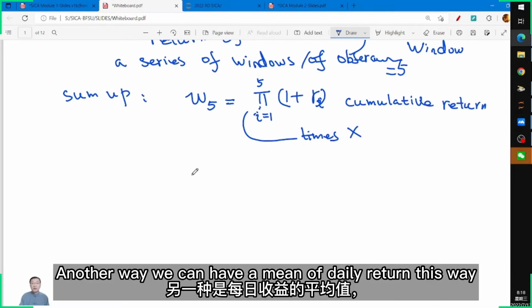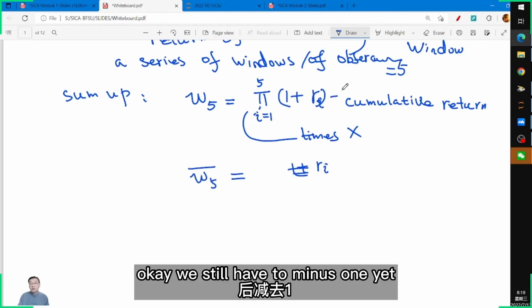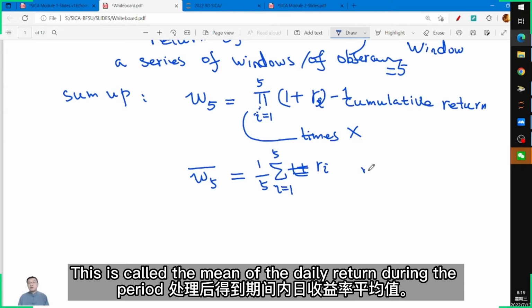Another way we can have a mean of daily return this way. 1 plus R. No, we still have to minus 1 here. So this is called the mean of the daily return during the period.